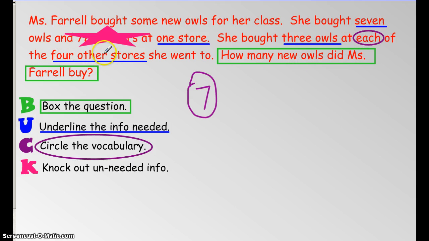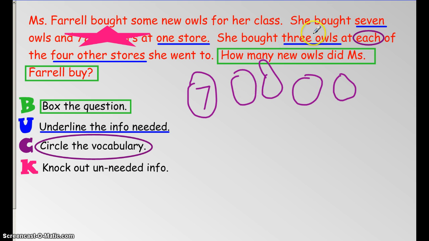How many stores were there? 4. So I'm going to draw 4 circles. 2, 3, 4. And what goes in each circle? 3 owls. She bought 3 owls at each of the 4 other stores.